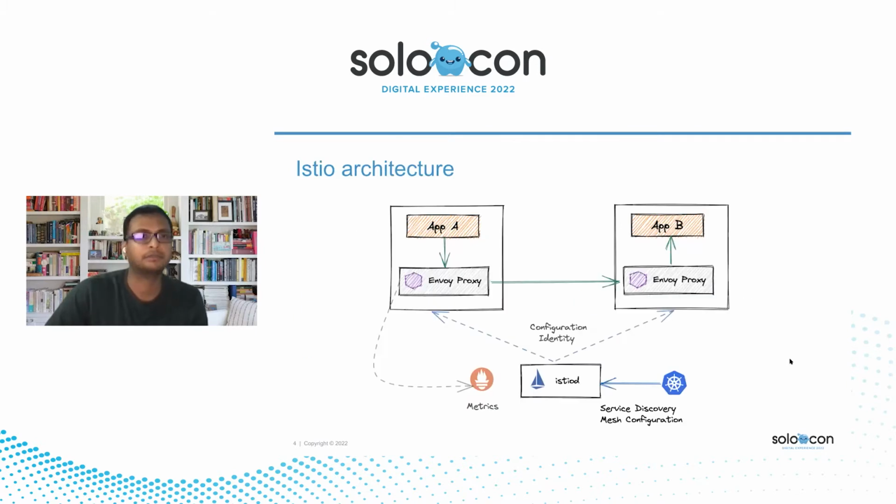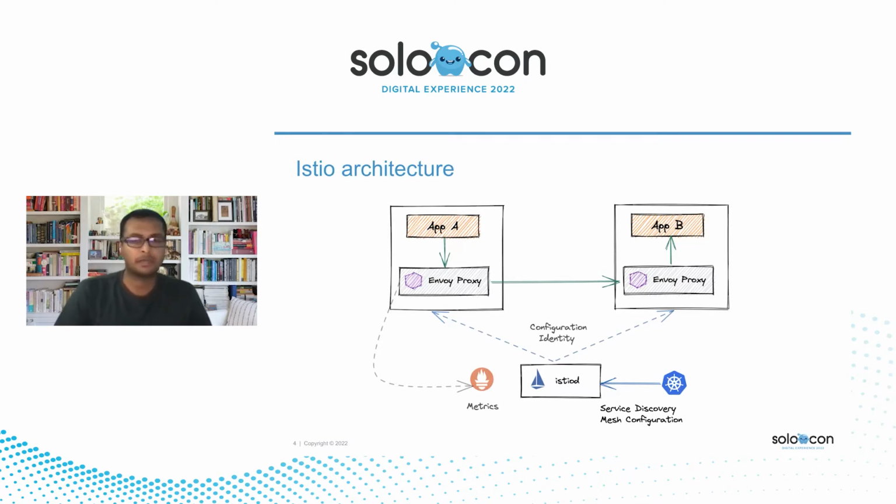So let's get started. First off, let's look at the Istio architecture, so that we can understand what scaling means here. Istio primarily is composed of two components, the data plane and the control plane. Our data plane is comprised of sidecar proxies. These proxies are Envoy proxies, which are deployed in a sidecar proxy architecture.